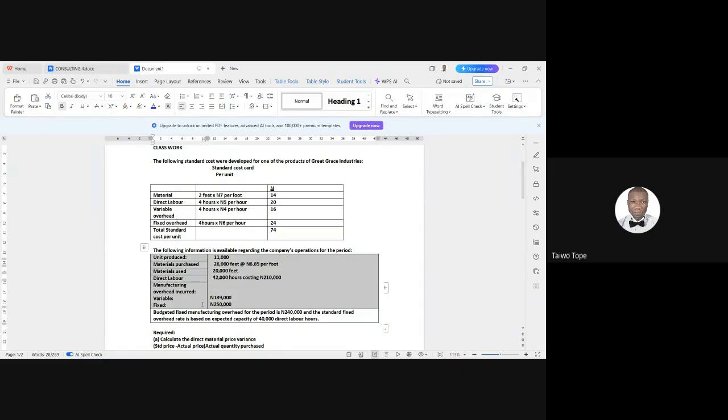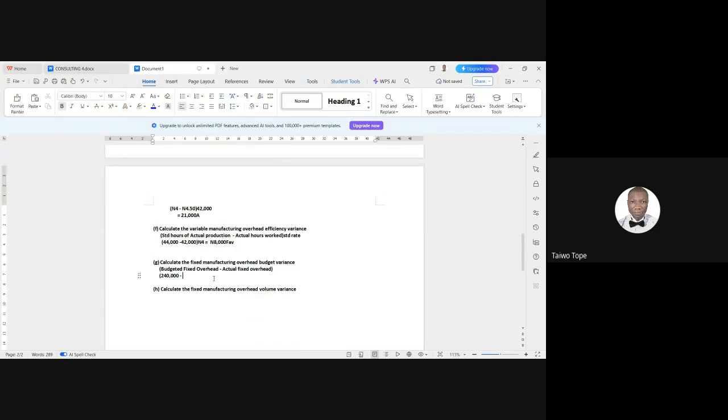Manufacturing overhead in your variable is this, fixed is this, 250. Now the difference between both will result into what? 10,000 adverse, because your actual is greater than your budgeted.